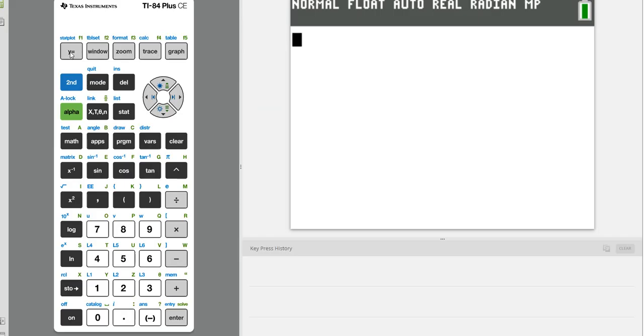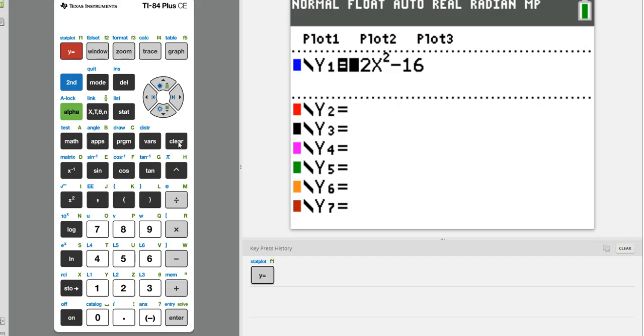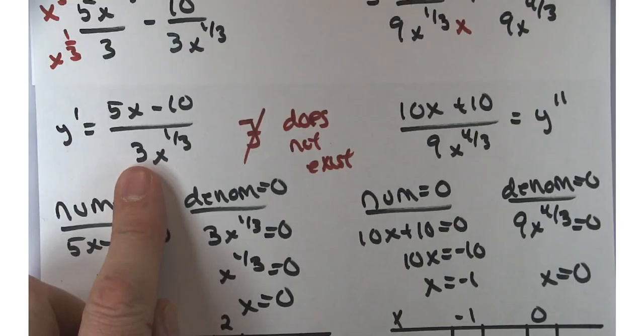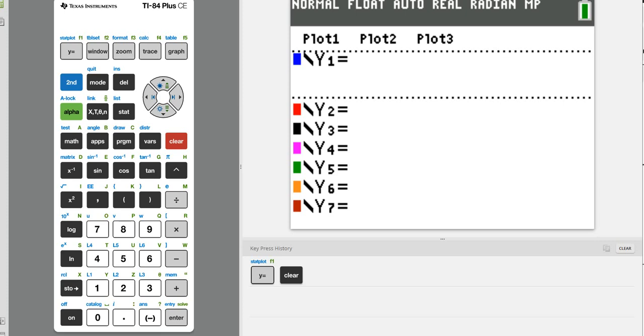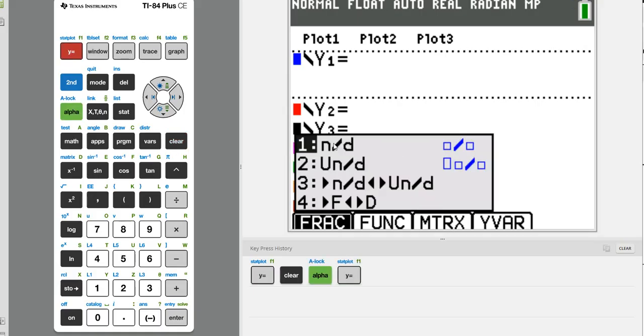I'm going to hit the y equals key and clear this out. Now I'm going to put in this form of my function, as a fraction. I'll do it two different ways. Here's a little fancy trick: if you hit the alpha key, then the y equals key, the first option is for you to put in a fraction.